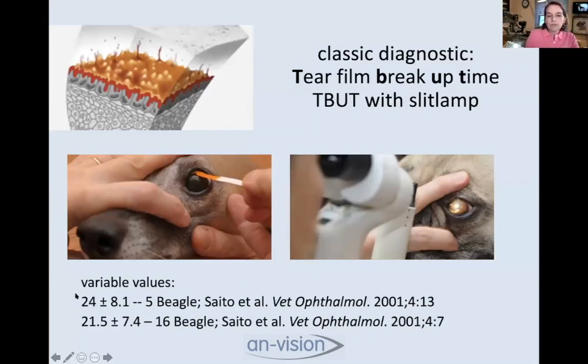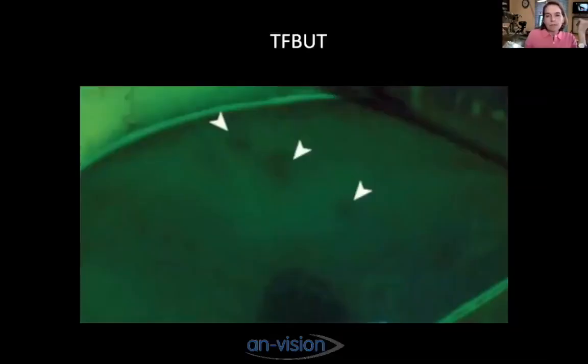And if you see here, that's 24 seconds plus minus 8. So it's very difficult to use this as a clinical tool to decide whether this dog has evaporative tear film disease or not. What you check for are those breaks in the fluorescein dye, and you can see those with high magnification and blue light. You can highlight them with your slit lamp.